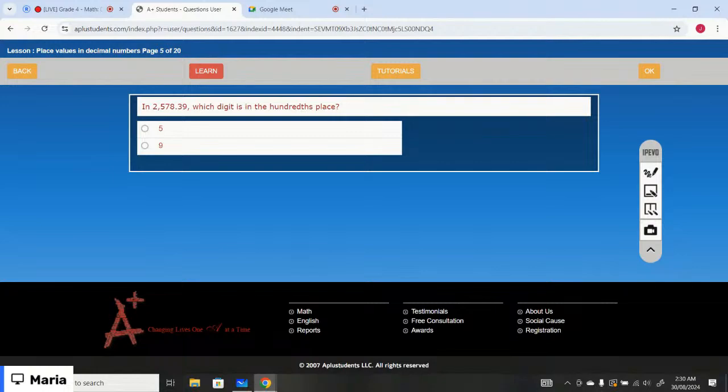The correct option is, hundredths place is 9. Option number 2 is the correct option.